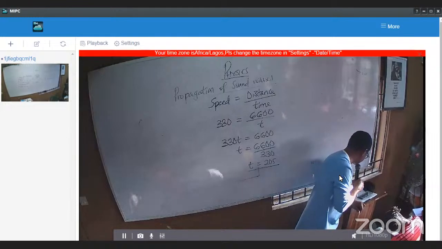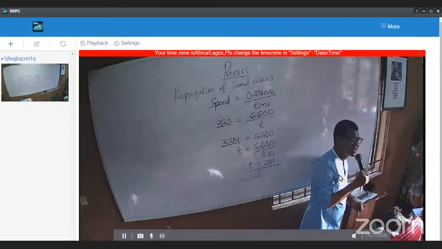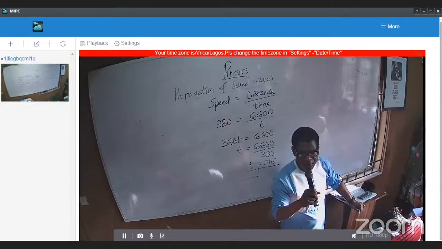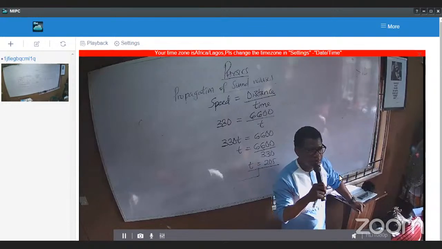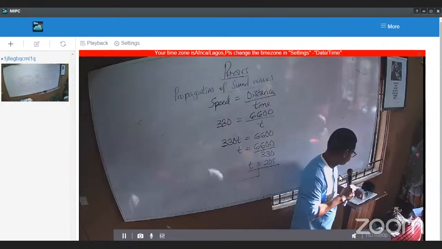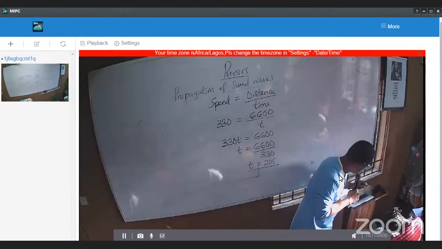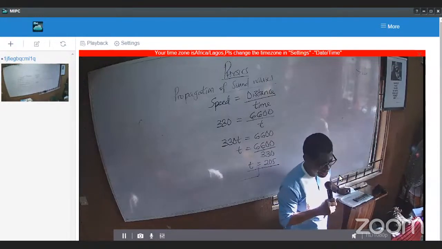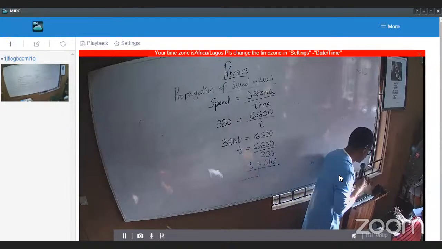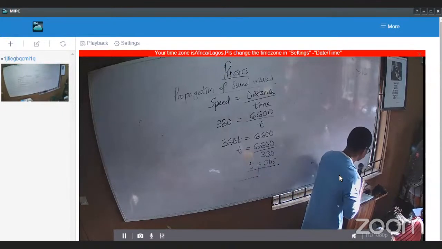In brackets, speed of sound in air equals 330 meters per second. Classwork, solve it.